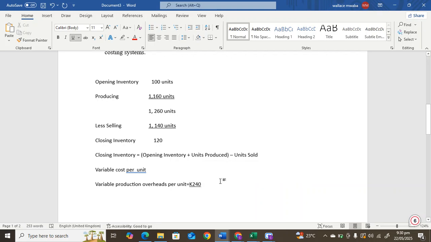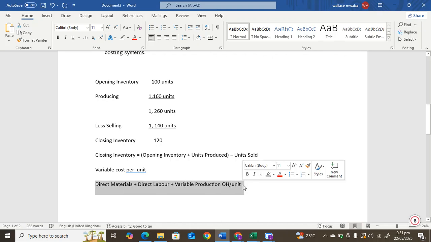So as I said, when you're getting the variable cost per unit in a question, always include direct material plus direct labor plus any variable production overheads per unit. These are the three that you look for.